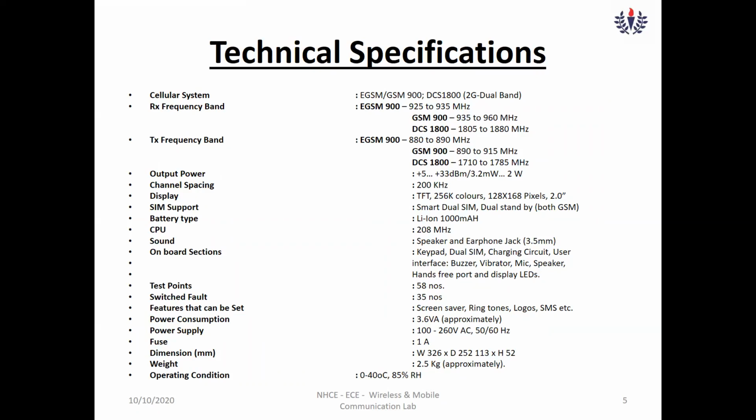And the central processing unit is having a clock frequency of 208 megahertz. When you convert this into time, we know that frequency is related to 1 by time period. So the time period can be obtained from this clock frequency, and that particular time is the time taken by the processor to execute and complete each and every operation.